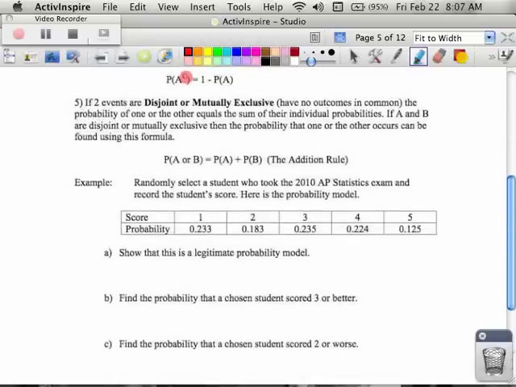And then the last thing is the phrase disjoint and mutually exclusive means that 2 events cannot occur at the same time, or in other words, they have nothing in common. And they have a rule for that. So if you know that A and B are disjoint or mutually exclusive, then the probability that one or the other can be found using this formula, which means that basically you add up the 2 probabilities.